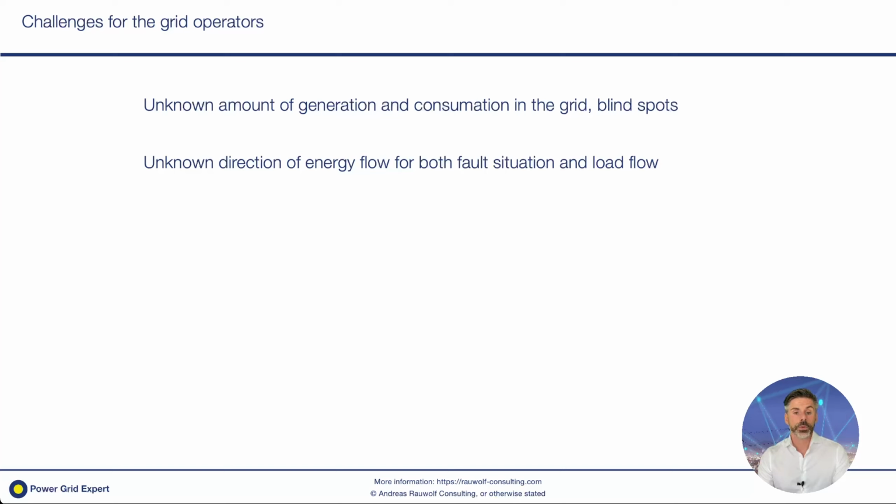We have an unknown direction of energy flow, again coming from the old top-down structures. In modern distribution networks, we can have backwards flows depending on how strong the renewable energy is supplying the network.